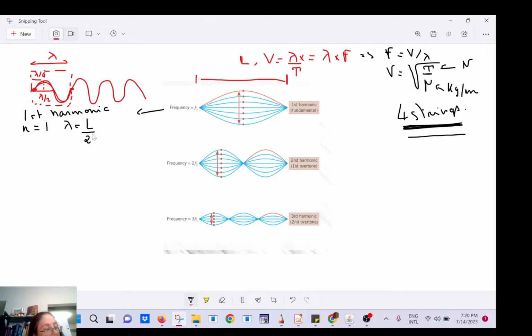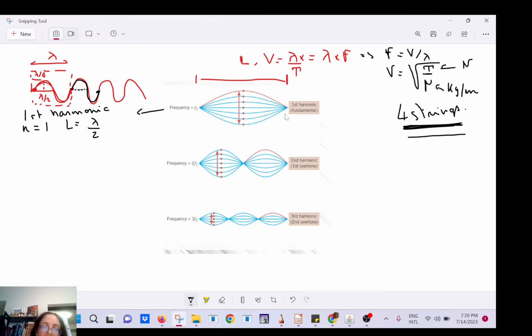Is that right? No, it's not right. It's the opposite. I might be a tiny bit dyslexic here. It's just the opposite. Inside one length, you can place half of a wavelength, right? Half of a cycle. So this is one cycle here, and this is half of a cycle.